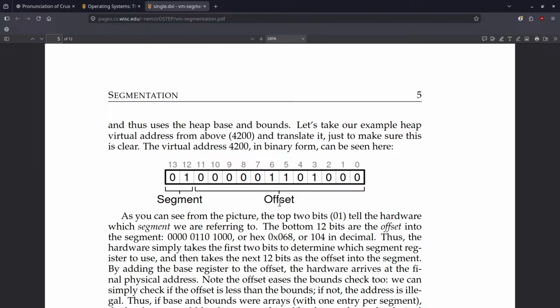The virtual address in binary form can be seen here. Okay, this is just 14 bits.